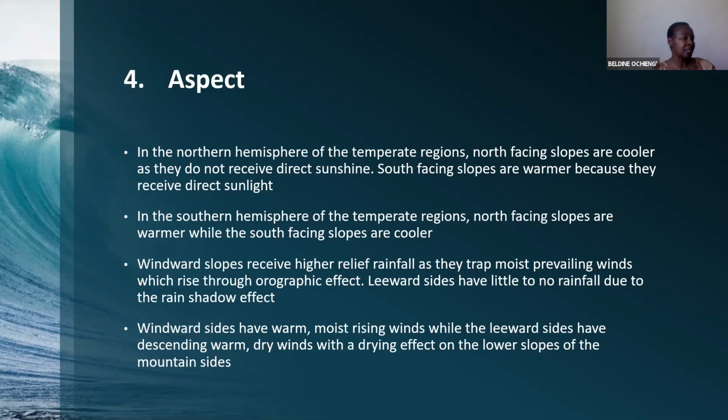They are not receiving the sun directly. The opposite is true in the southern part. The north-facing slopes are warmer in the southern hemisphere, while the south-facing slopes are cooler.